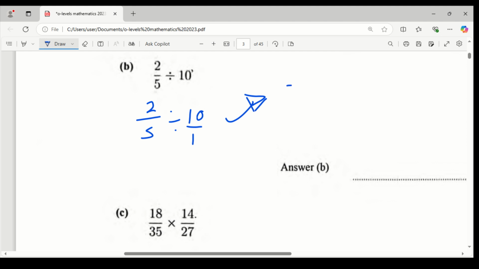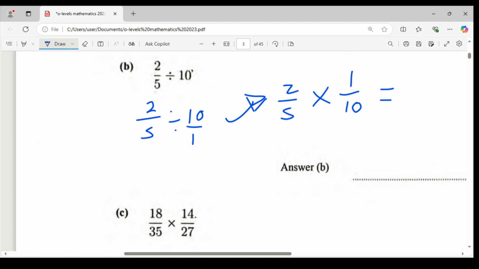So if you are to rewrite that, it's 2 over 5 times. The moment you change that division sign into a multiplication sign, you have to invert. So the part which is saying 10 over 1 becomes 1 over 10.